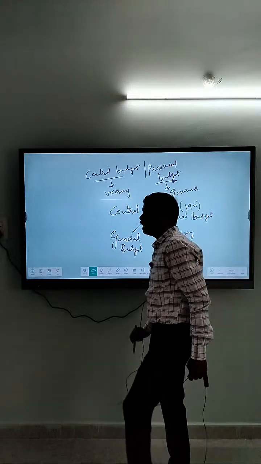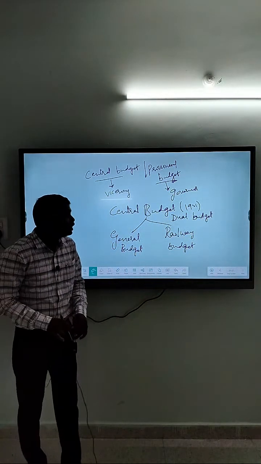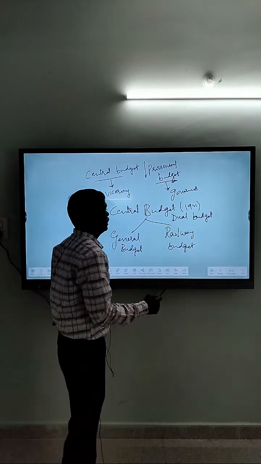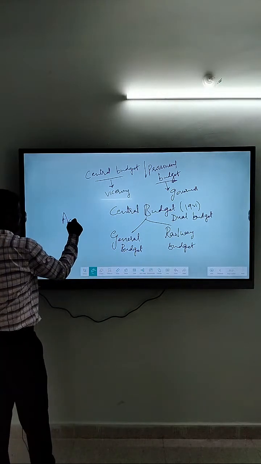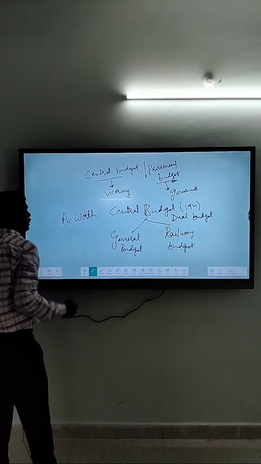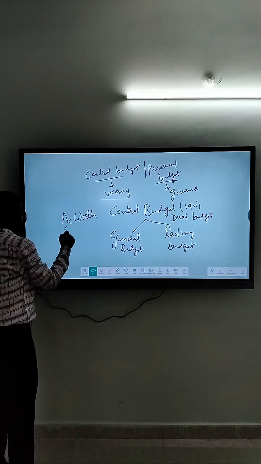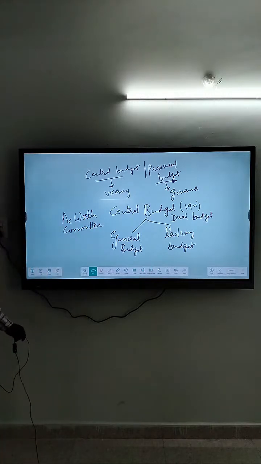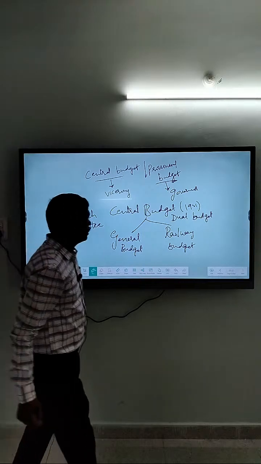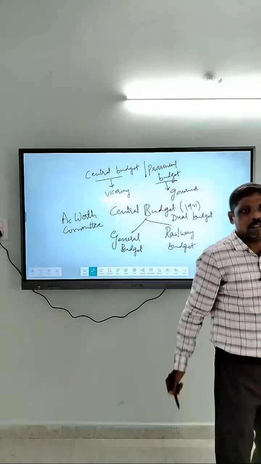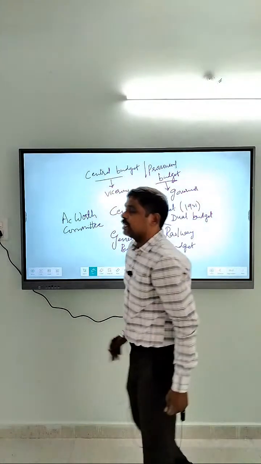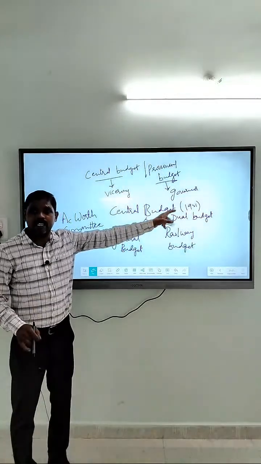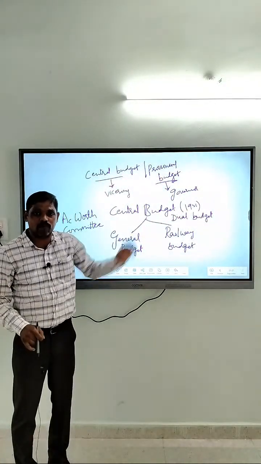Remember, it got implemented from 1921, and this dual budgeting was recommended by the Ackworth Committee. It is the Ackworth Committee which has recommended separation of the general budget from the railway budget, and from 1921 to 2018 it was the same kind of budget system that we followed.